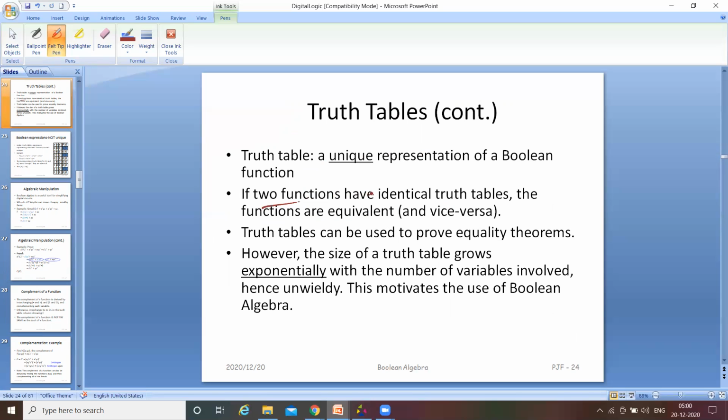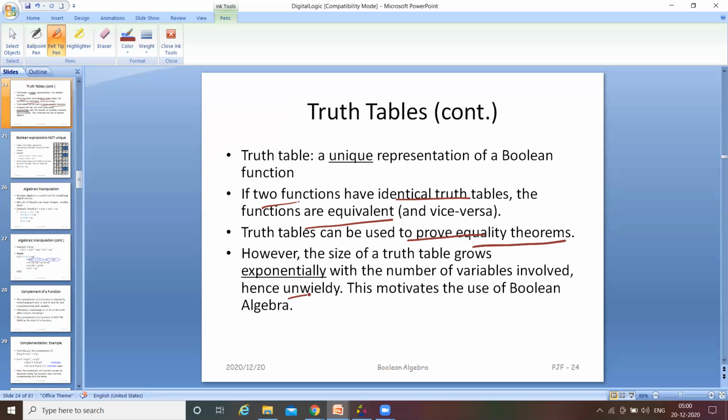If two functions have identical truth tables, the functions are equivalent, and vice versa. Truth tables can be used to prove equality theorems. However, the size of the truth table grows exponentially with the number of variables involved.